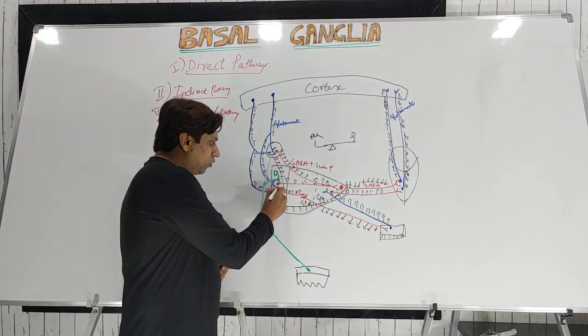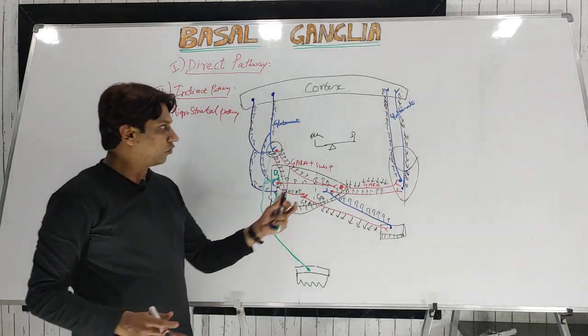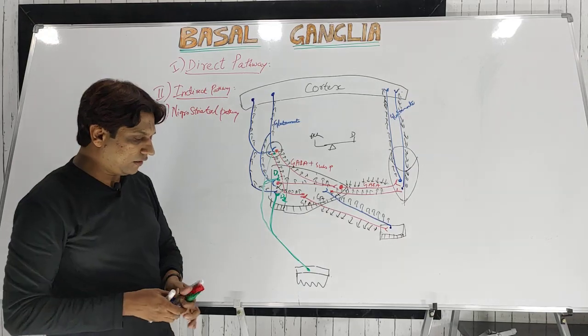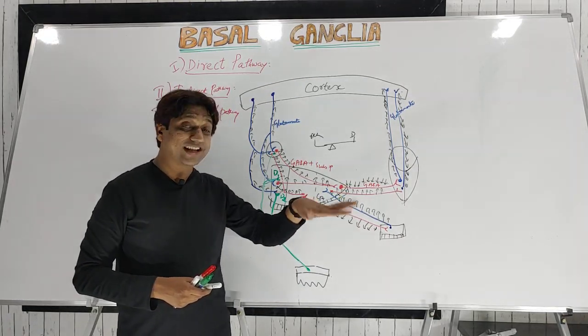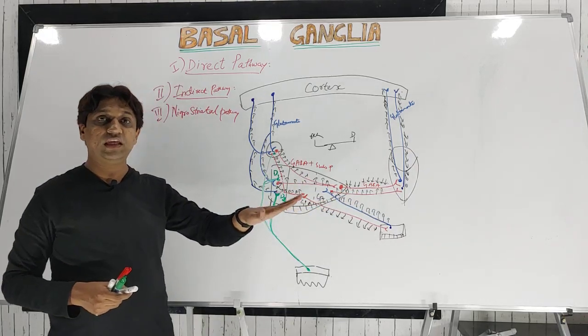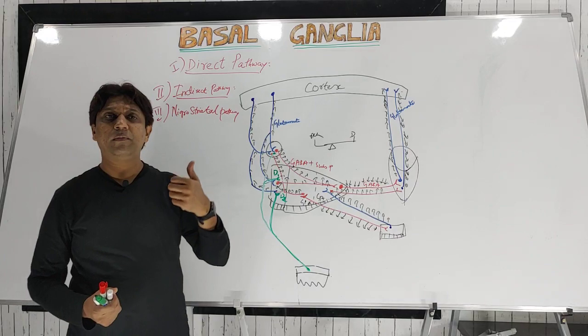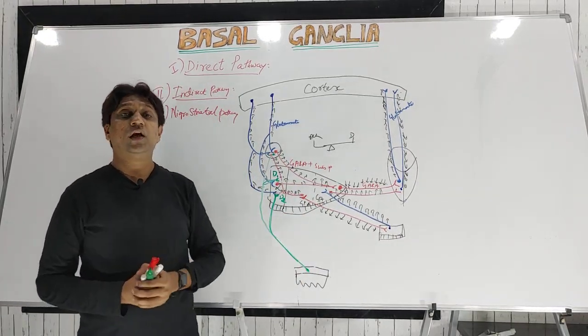Again there is one more neurotransmitter which controls this, that is acetylcholine. So whenever there is an imbalance between dopamine and acetylcholine, it leads to an imbalance of the reverberating circuits, which leads to the resting tremors, typically what we see in Parkinson's disease, okay? So this is how it helps in maintaining the motor activity, the reflex activity, and the muscle tone.